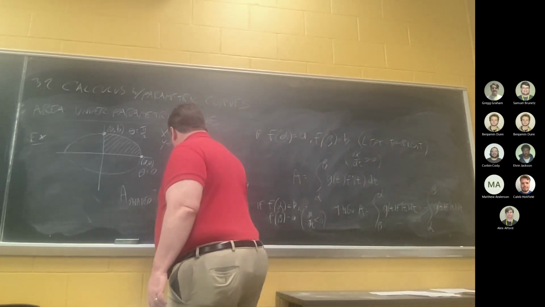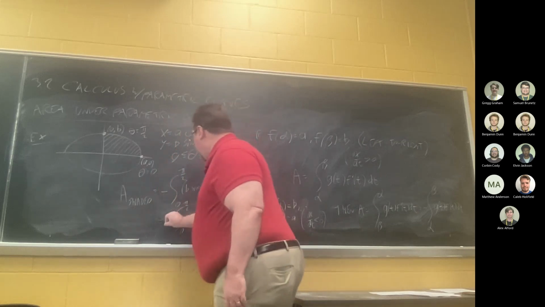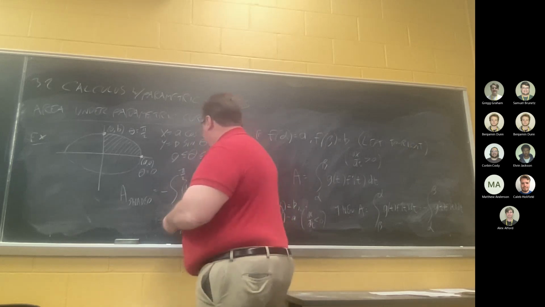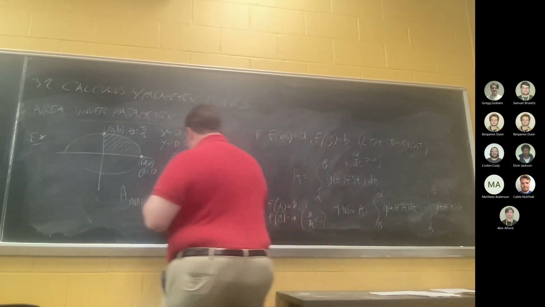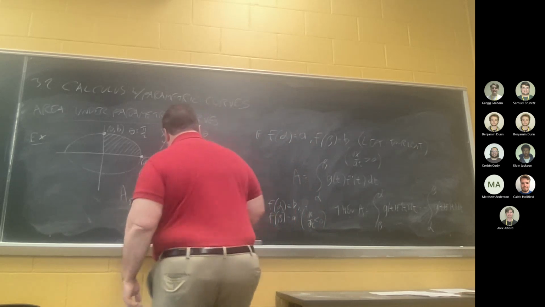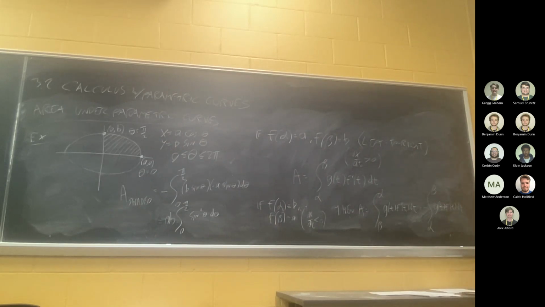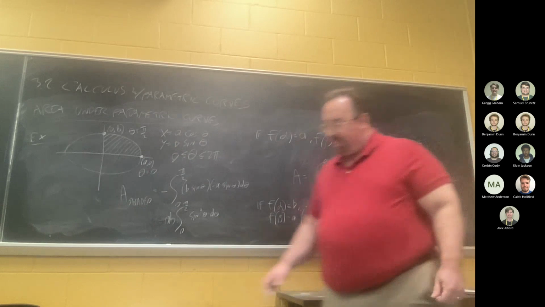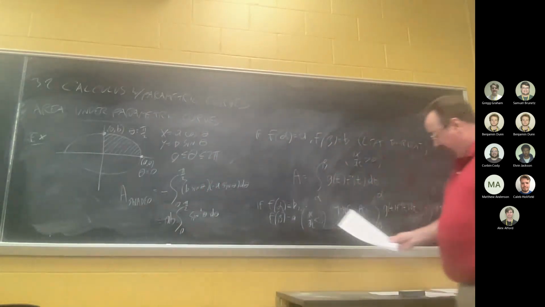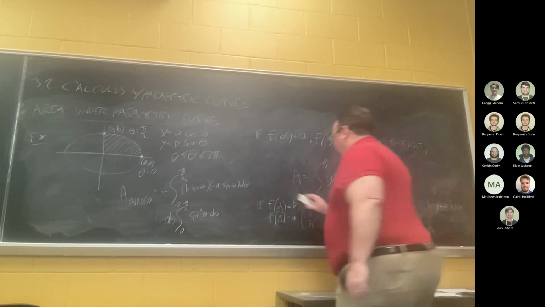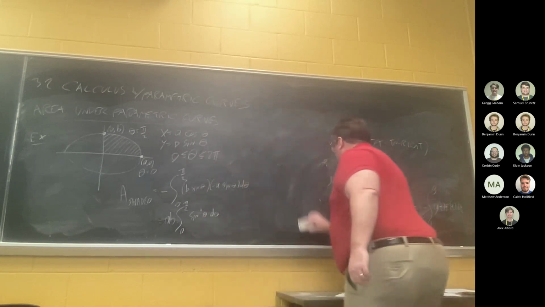So now I have ab, that's a constant, I can pull it out, and I have sine squared theta d theta. But in order to integrate sine squared, what do we need to do to that to be able to integrate it? Anyone?